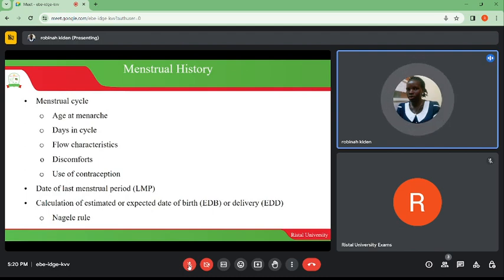So let us look at menstrual history, and then the menstrual cycle. When we are asking the mother about her menstrual history, we ask basically about the age of menarche. At what age did she start menstruating?